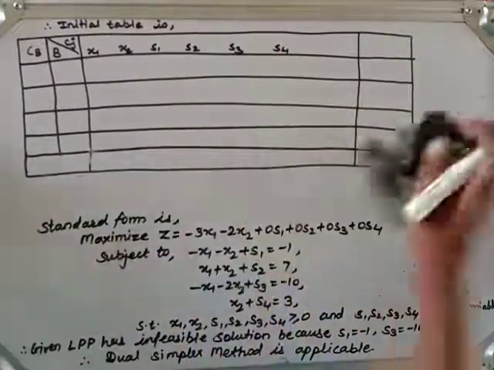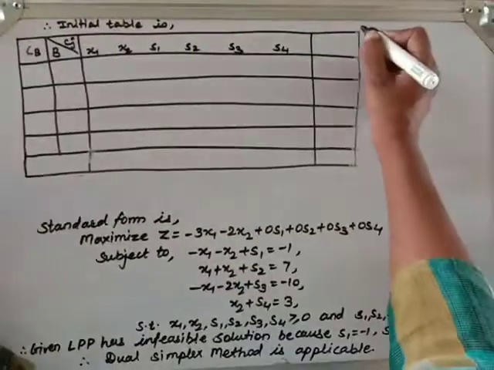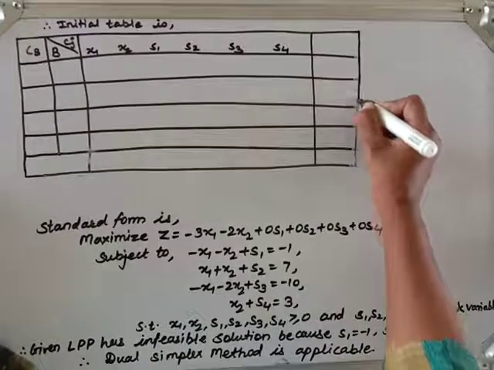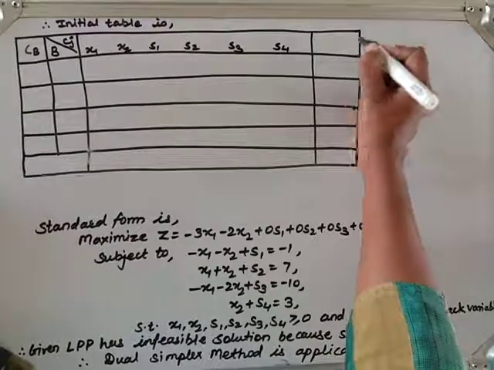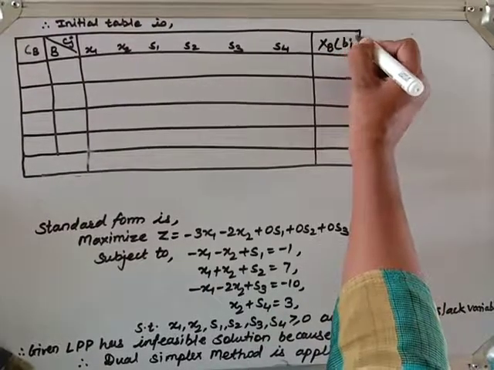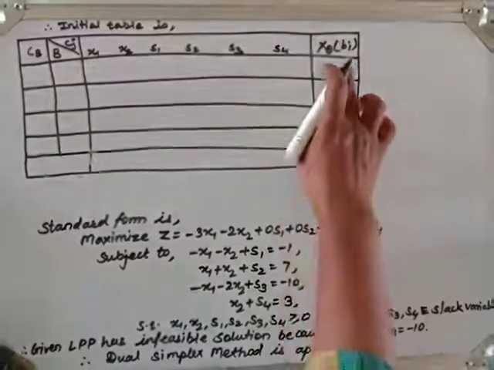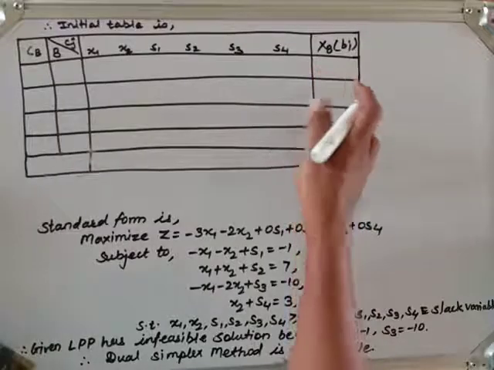Now here I need only one column, not 2 columns. It is simply XB, which is also named as bi, as I taught in the steps of the dual simplex method.